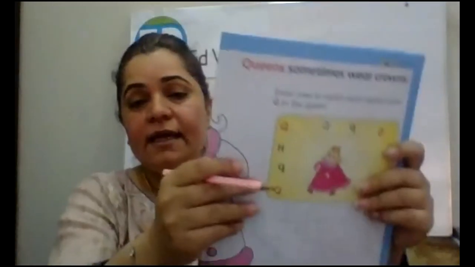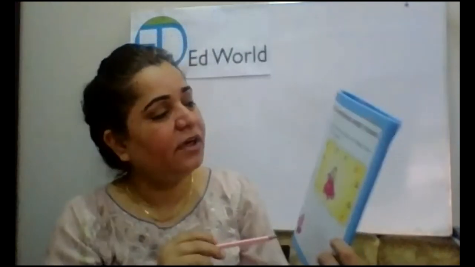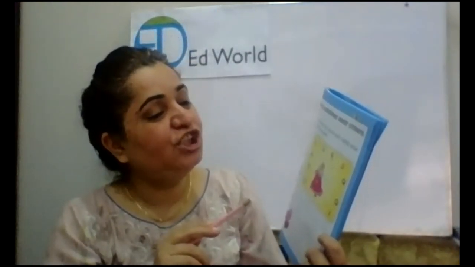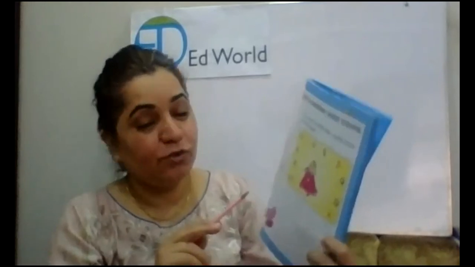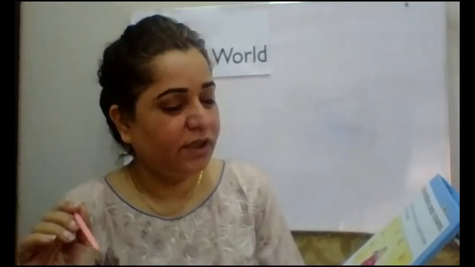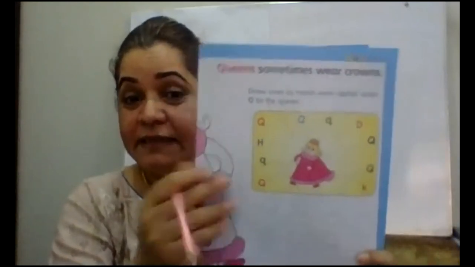Okay. Now look at the activity above here. This says draw lines to match each capital letter Q to the queen. Now you've done small q, right? Now we're going to do the capital Q. You're going to find capital Q, right? There are capital Qs, 1, 2, 3.